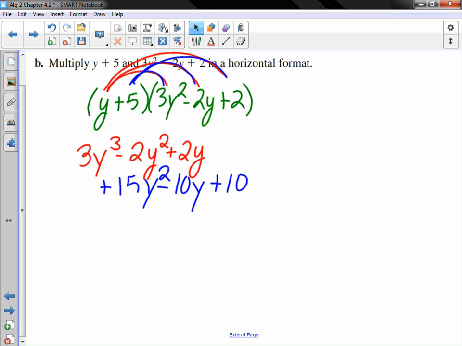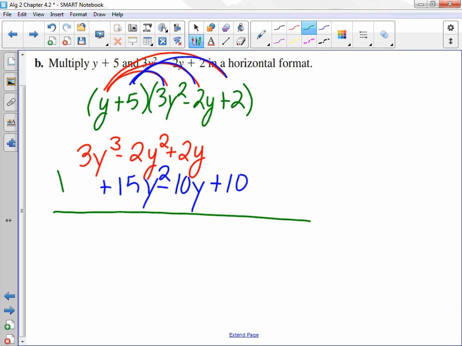What have I done differently? What did I just do? I lined them up. I lined up what's like. Well, there's nothing with 3y squared, is there? So it's just this.